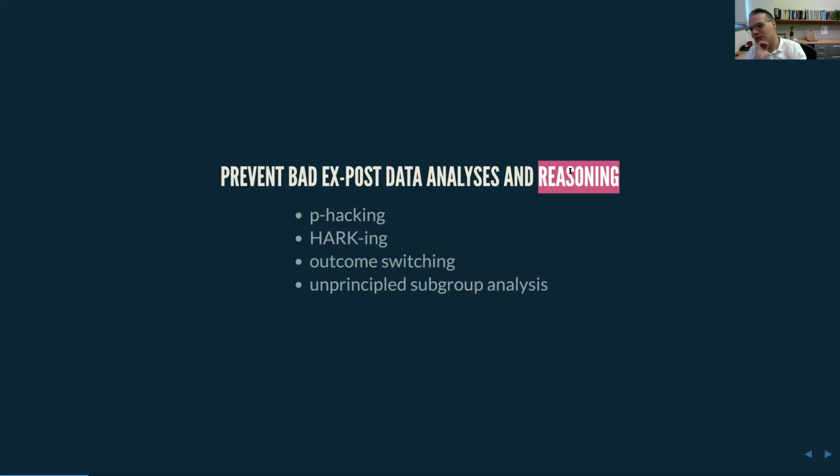So you want to hypothesize before results are known. And that's one of the things that pre-analysis plans let you do. Outcome switching, that's what we were talking about with the medical trial, where you thought it was going to be on Y1, but it's actually on Y15 that something shows up. I think that this is possibly the most pernicious of these things, is when you have a lot of targets, especially in an experiment.